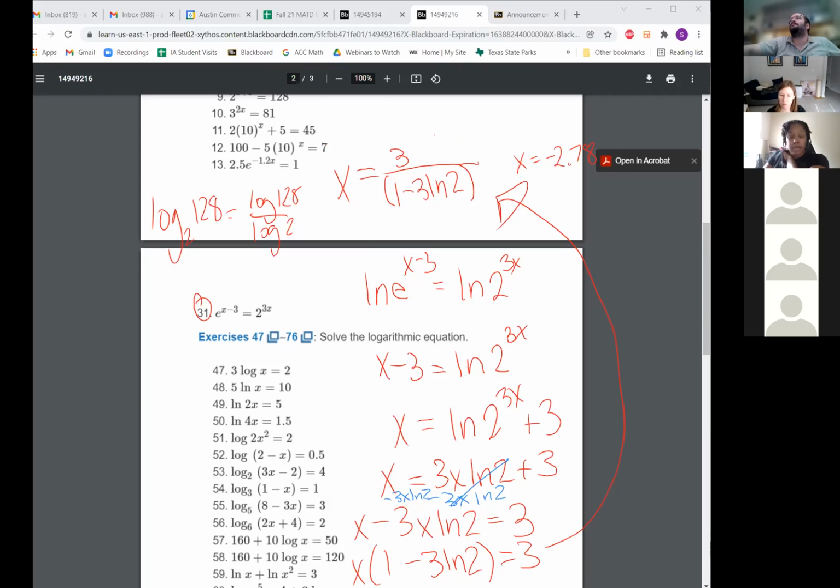The factoring had nothing to do with the fact that there was an e. The factoring had to do with the fact that we had an x on both sides, and when we subtracted it over, we couldn't combine them. Remember, someone was suggesting we combine them, but we couldn't combine them because the ln 2 was there. So we had to factor the x out.